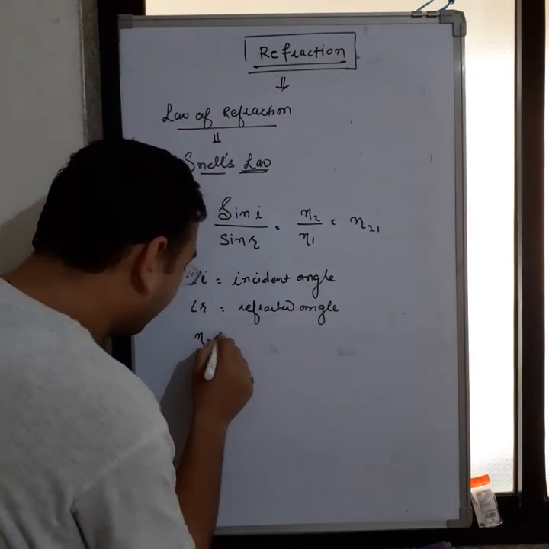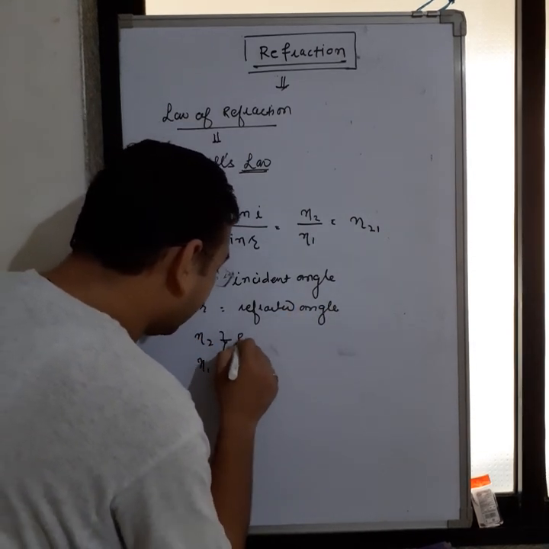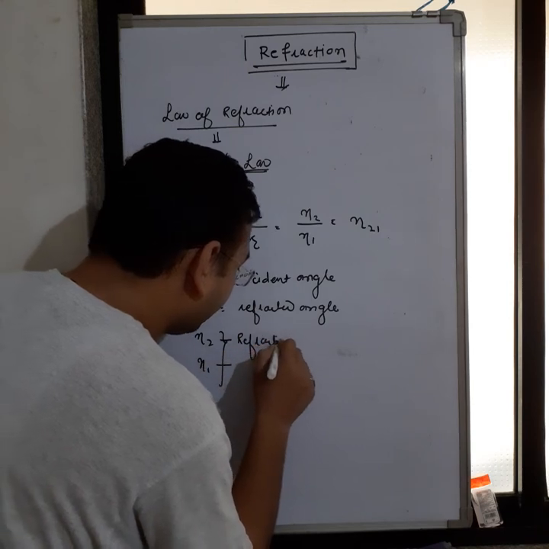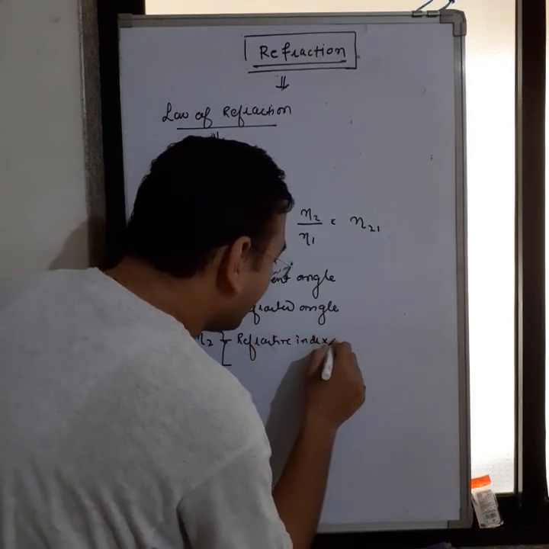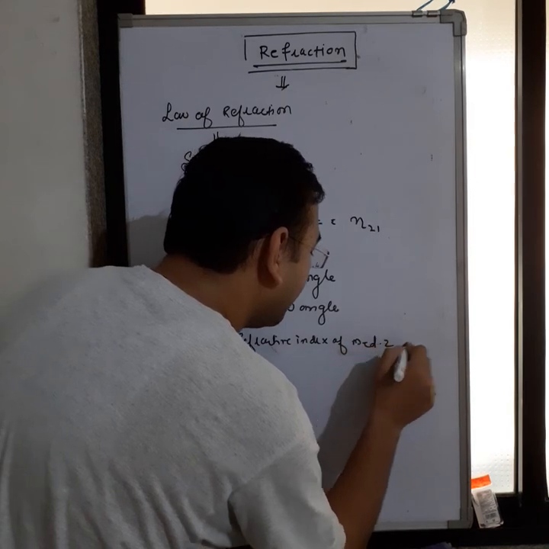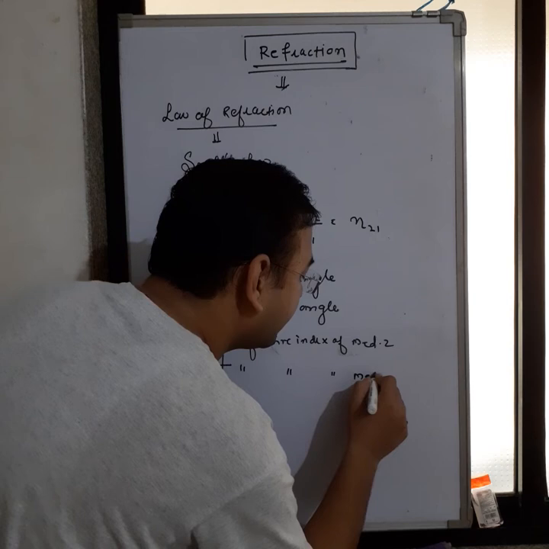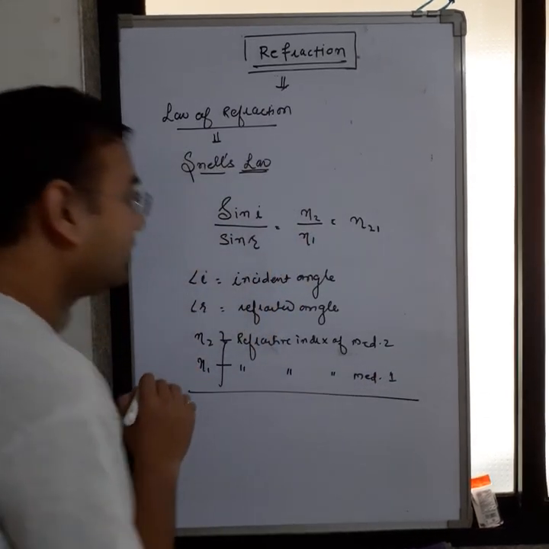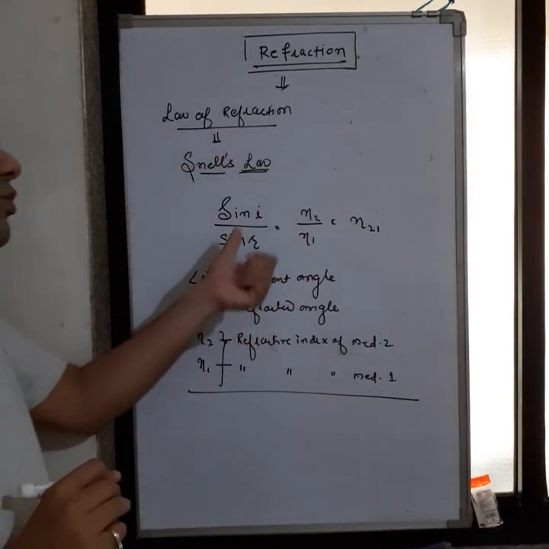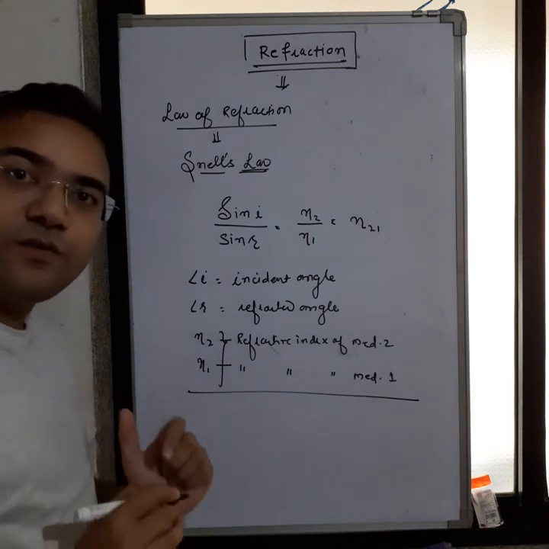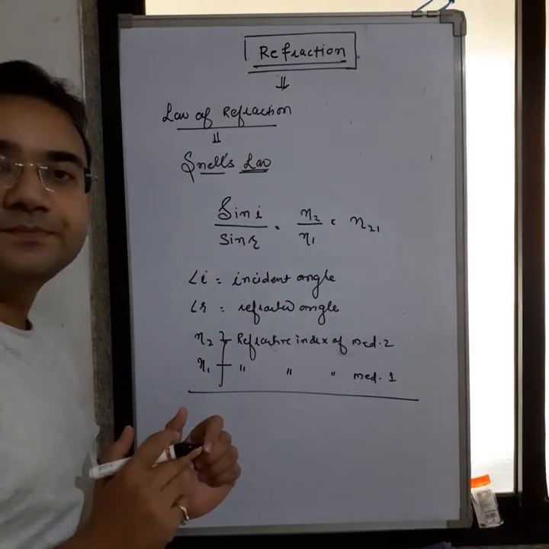Eta 2 and eta 1 are the refractive index of medium 2 and the refractive index of medium 1. This is the most important law for the refraction.